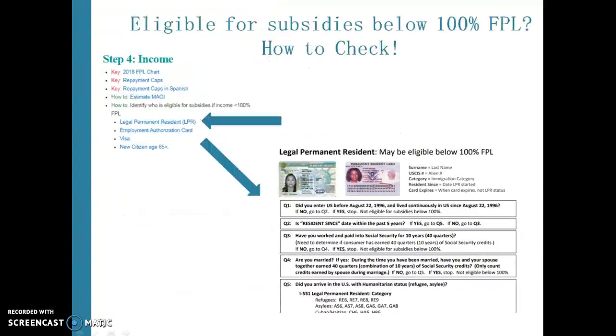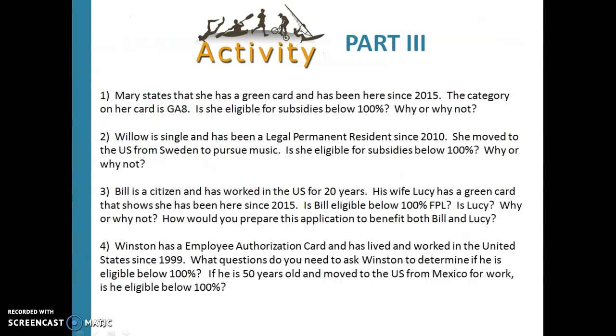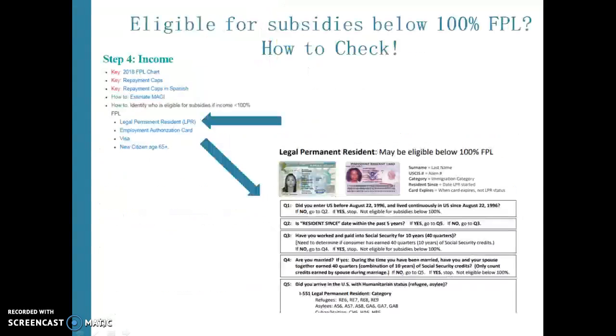Suffice it to say, we know kind of right off the bat, Bill is not going to be eligible below 100% because he's a U.S. citizen. So he should have gone into expanded Medicaid. So we know that right from the get-go. The question is going to be Lucy. So Lucy has a green card that says she's been here since 2015. So has she been here since 1996?